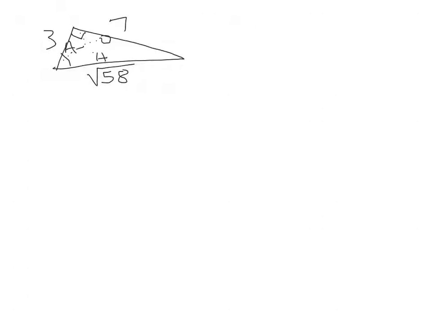Pythagorean theorem again says leg squared plus leg squared equals hypotenuse squared. So if I were going to call this angle T for trig, I would say the sine of angle T is equal to 7 over square root of 58, opposite over hypotenuse.